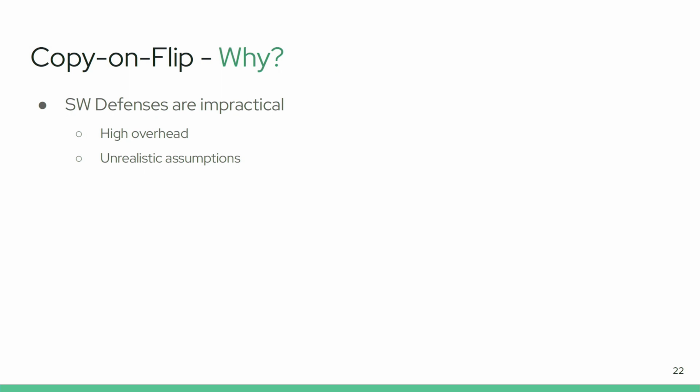So why do we need another software defense? It seems like between ECC and the other software and hardware defenses proposed, there doesn't seem to be much space for more types of defenses. The problem is that most software defenses are impractical to deploy on a large scale, either because they incur too much overhead, or they make unrealistic assumptions such as the linearity of DRAM addressing, or they only protect certain hammering patterns.